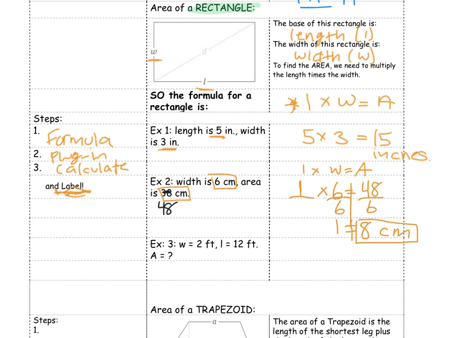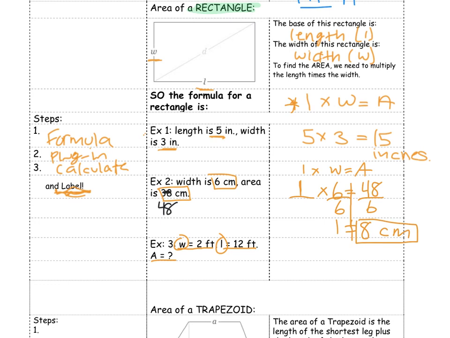Alright, so let's move on to this third example. So this problem is saying the width is 2 feet, the length is 12 feet. What is the area? It's just like these problems, but we're just abbreviating those sides. So let's plug in what we know. We know that the length is, well, let's start with the width.